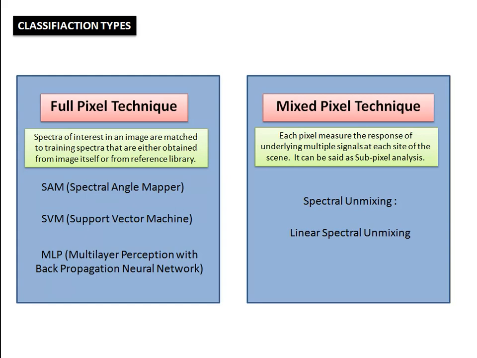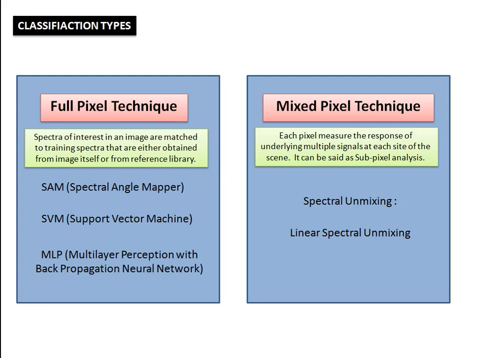In multispectral remote sensing, the classification is mainly of two types, supervised and unsupervised. But in the case of hyperspectral classification, the types are two: the full pixel technique and the mixed pixel technique.